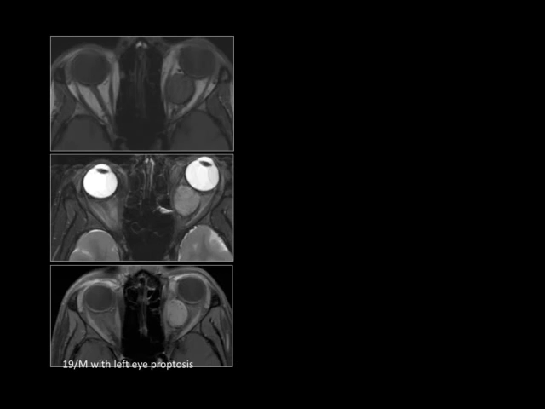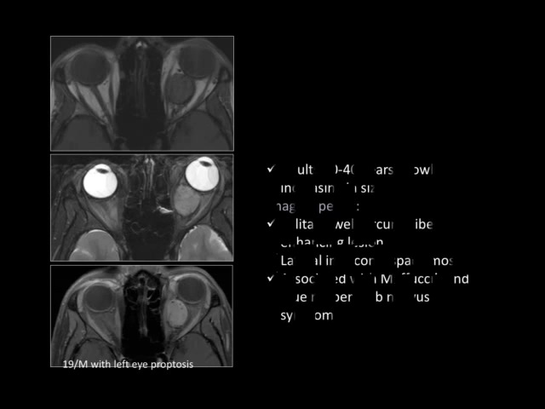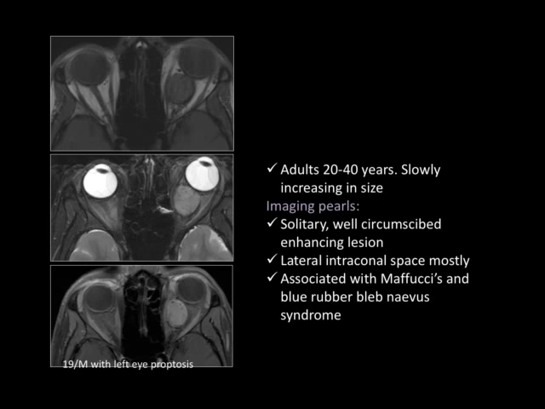It shows diffuse enhancement, with a few flow voids. Most common vascular lesion in an adult? Cavernous hemangioma. So intense post-contrast enhancement, a solitary well-defined lesion.